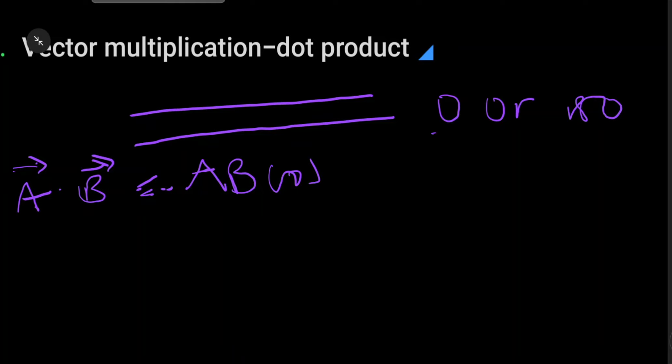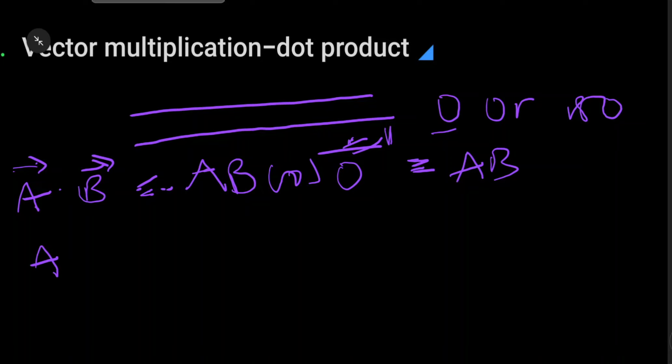We'll have our first cosine angle as 0, and we all know that cos 0 is equal to 1. So our answer here is simply the product of the two magnitudes.